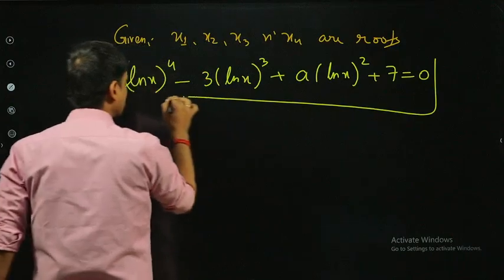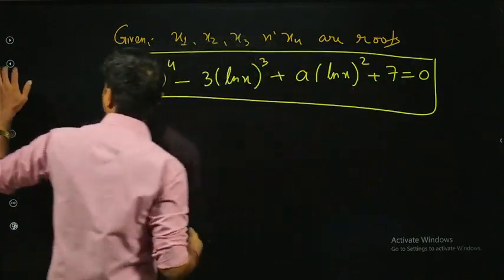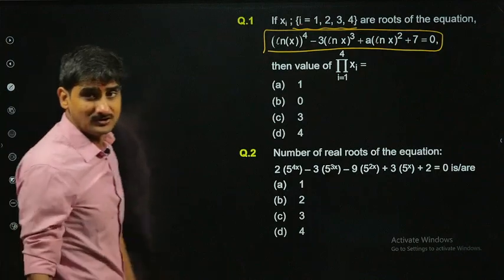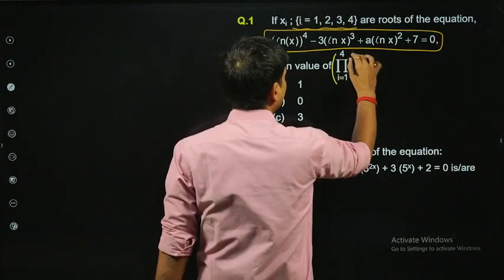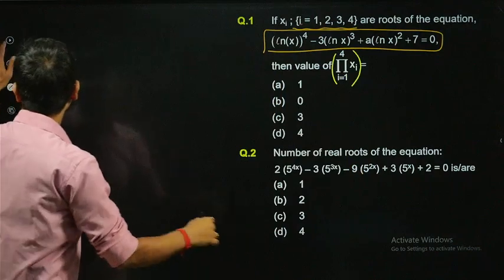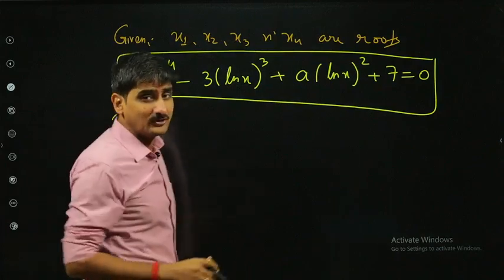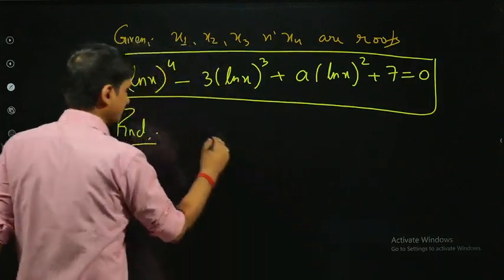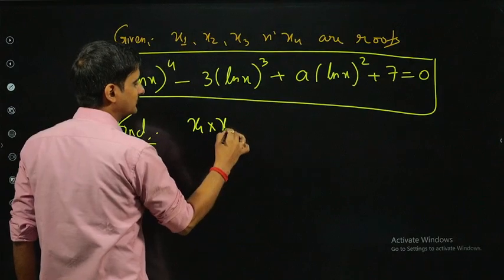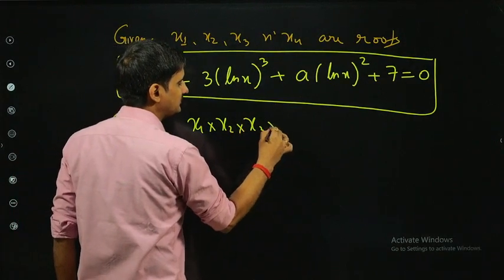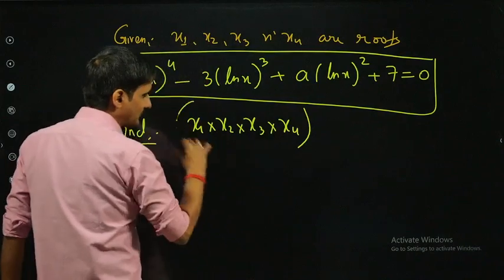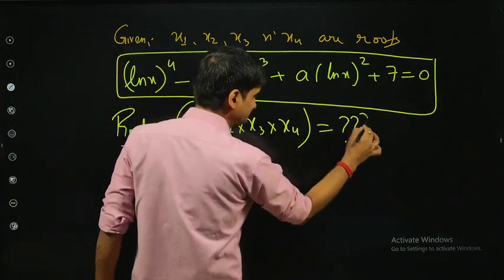Okay, so that's given to us. Now what do we have to find? We have to find the value of product of xi. So we have to evaluate the product of the roots of this equation, x1 into x2 into x3 into x4. That's what we have to evaluate here.